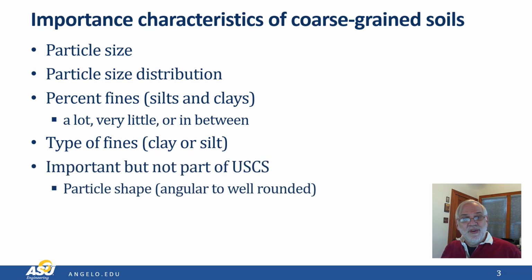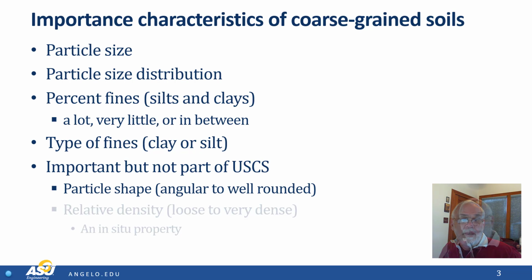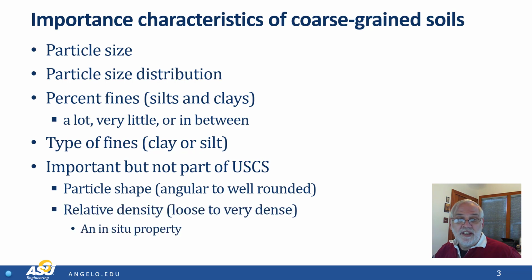And finally, there are some important characteristics which are not part of the Unified Soil Classification System. One is particle shape. While it's not technically included in the USCS, we can add particle shape descriptions to our USCS classification. Finally, the relative density of a soil is important to its behavior.